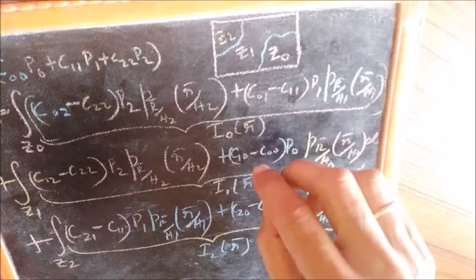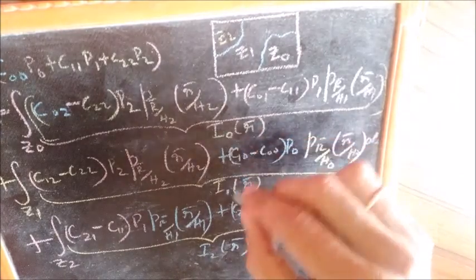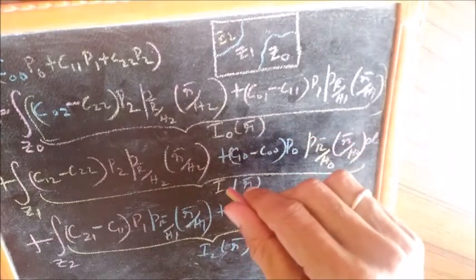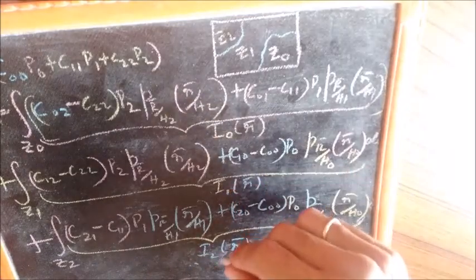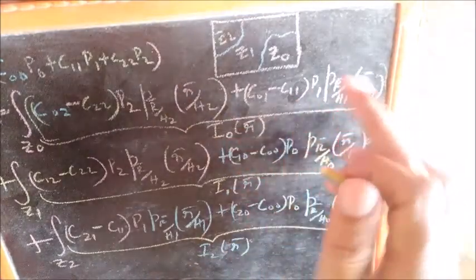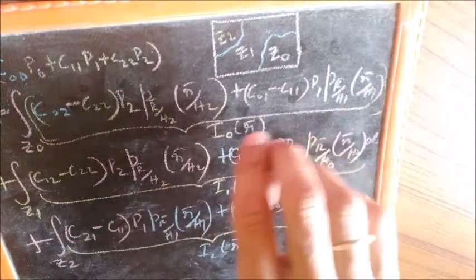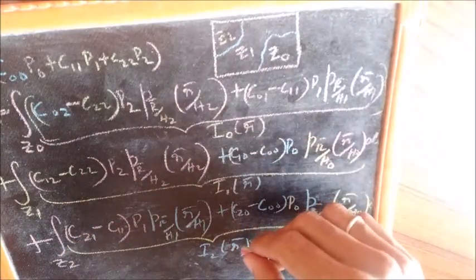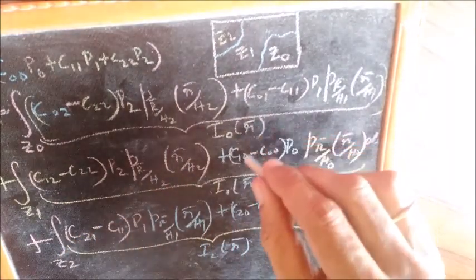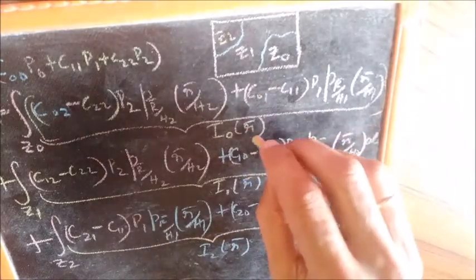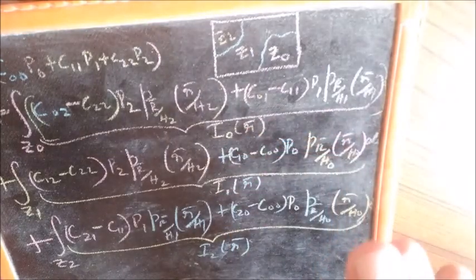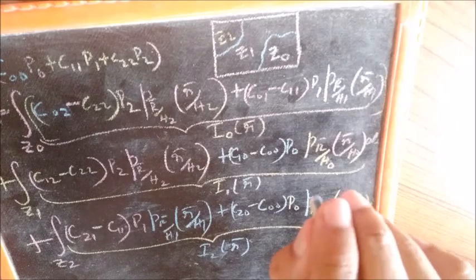Similarly, having received R and computed these three, if I1 R happens to be less than I0 R and I2 R, declare that H1 is the true hypothesis. And finally, of course, if I2 R happens to be the smallest of the three, having received R, declare that H2 was the true hypothesis.